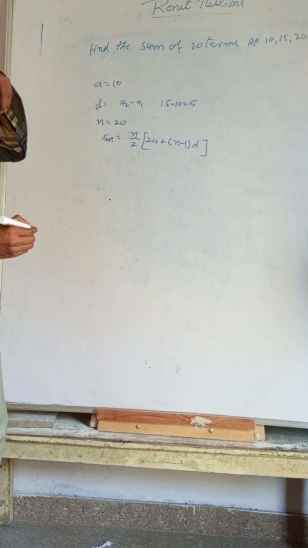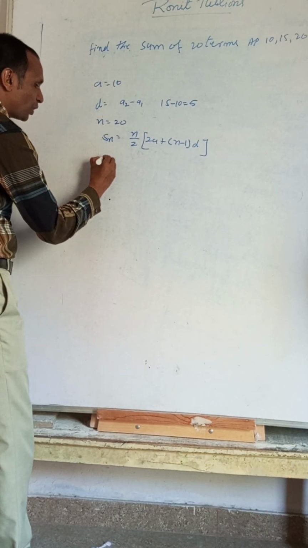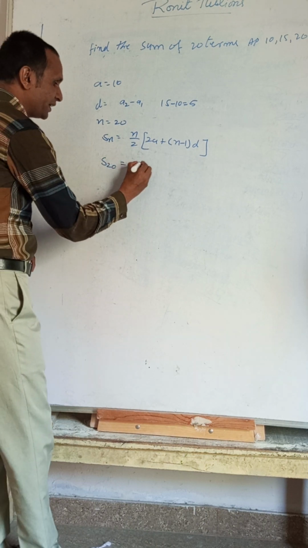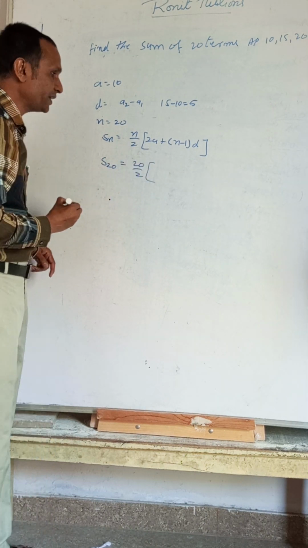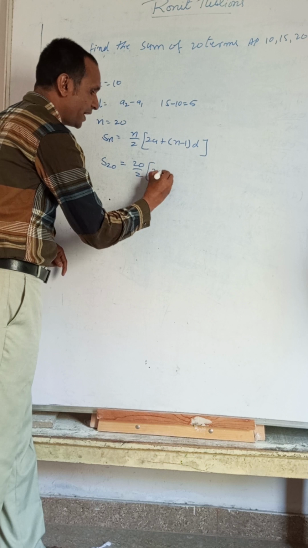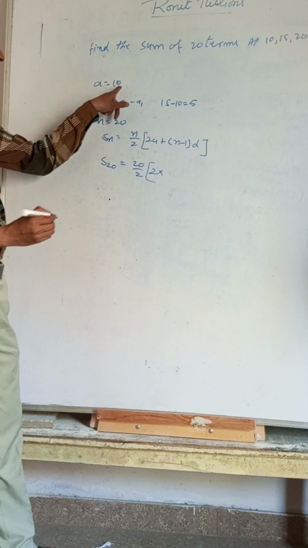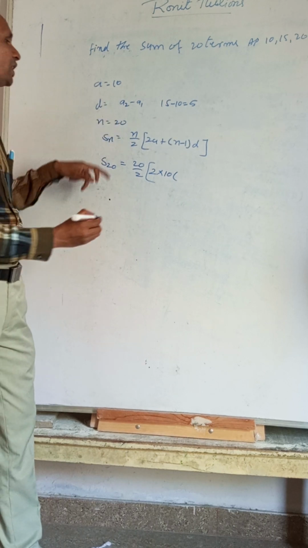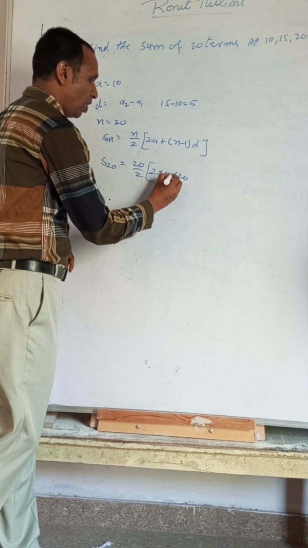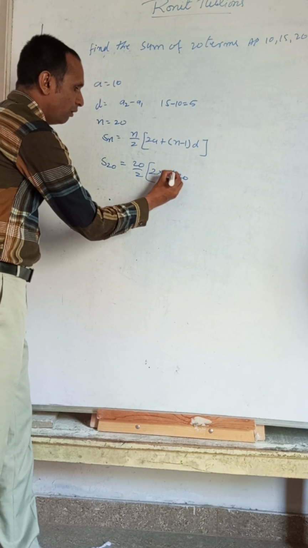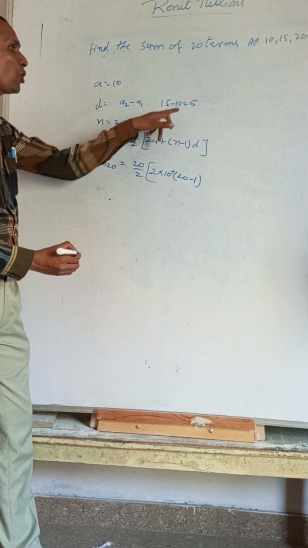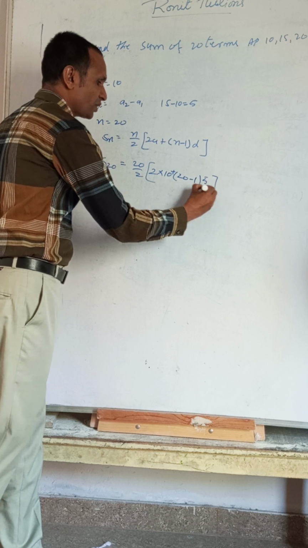Sn is equal to, with n as 20, 20 by 2 bracket 2 into a. A is given as 10, into n. N is given as 20 terms, so 20 minus 1, and d we got as 5.